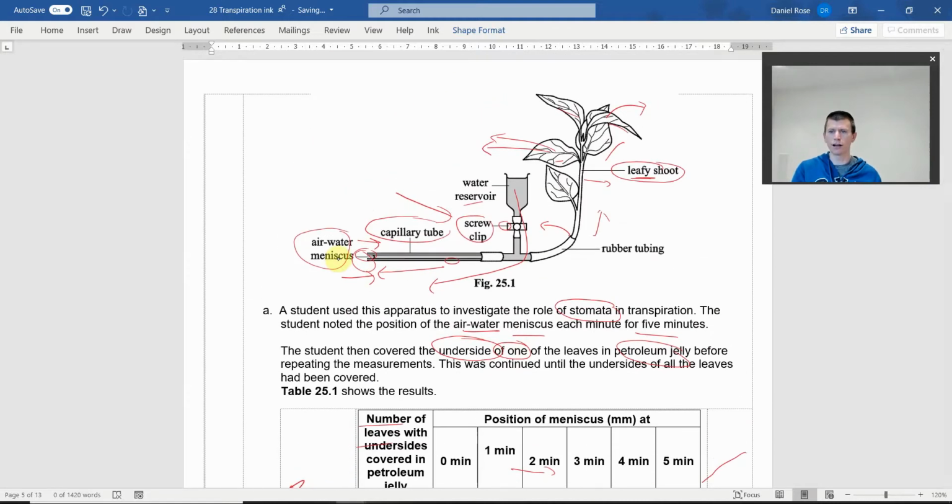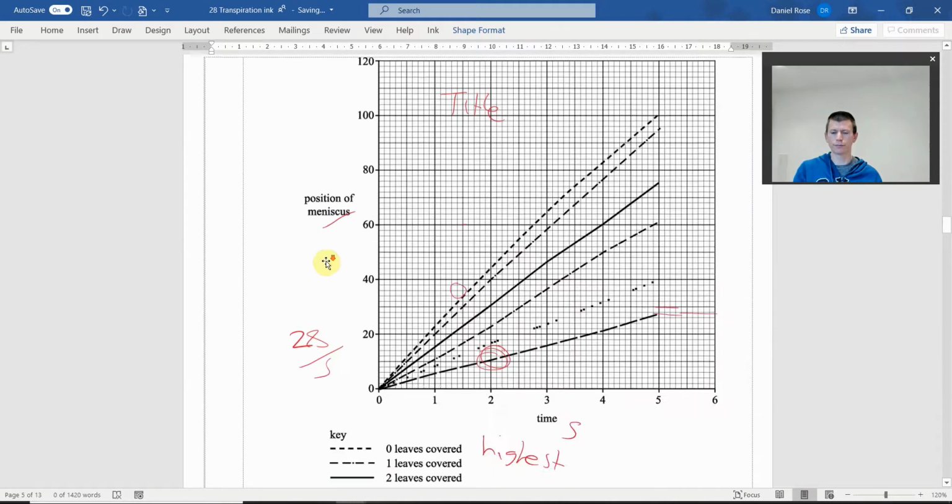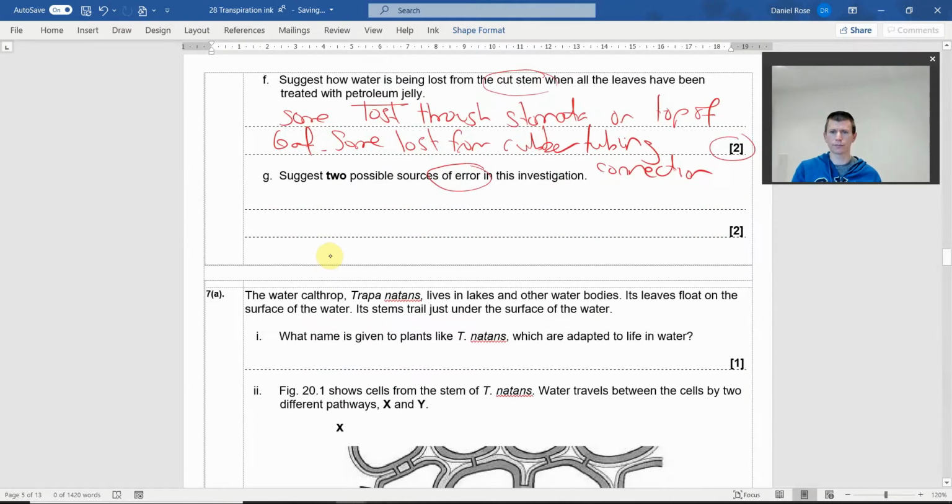We've already kind of mentioned it. I think that some water might be lost through the top of the leaf. So let's think about also in any experiment, would your control measures keep the same?